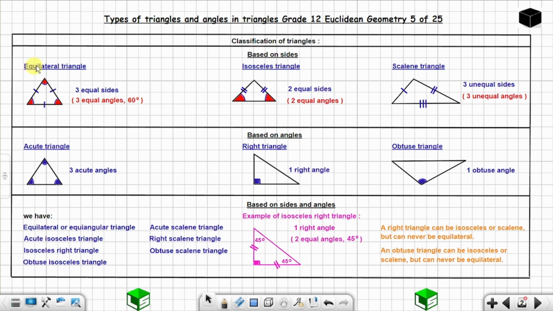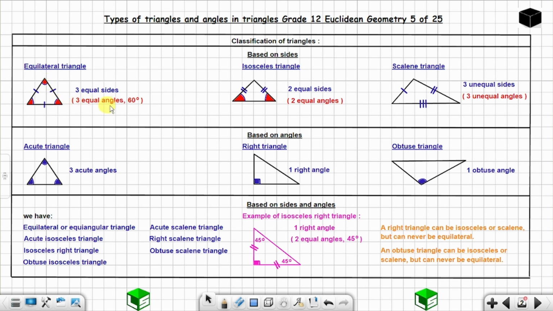Okay, in an equilateral triangle, you have three sides which are equal. And because you have three equal sides, automatically you are going to have three equal angles. The sum of interior angles in a triangle is equal to 180 degrees. So you have three of them, right?